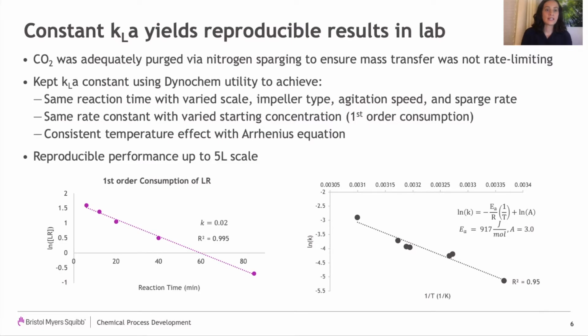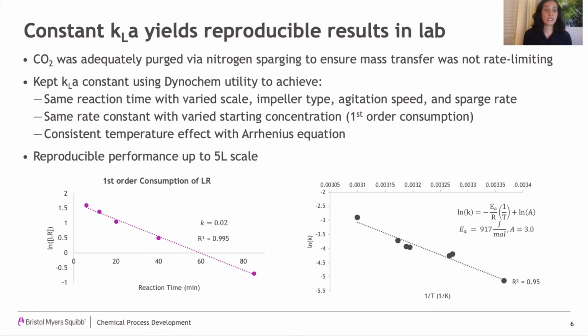So carbon dioxide was adequately purged via nitrogen sparging to ensure that mass transport was not rate limiting. If we stayed above the threshold KLA, we're always in the kinetically limited regime instead of the mass transport limited regime.